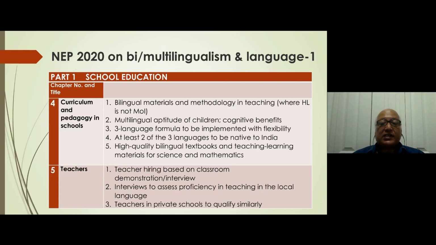As far as teachers are concerned, the teacher hiring will be based on classroom demonstration and interview. The interview process will assess proficiency in teaching in the local language. So very often it has been the case that people appointed in a certain area do not have the proficiency in the local language. And so this is an innovation which will be, I think, producing concrete results.